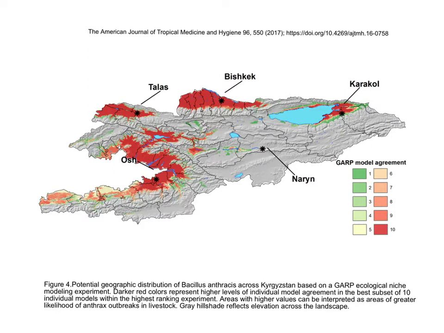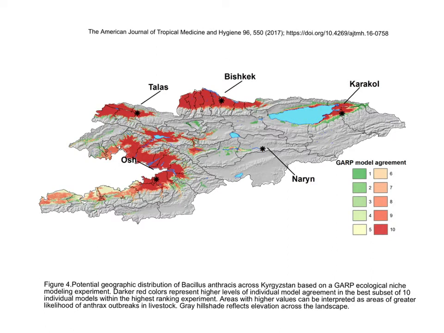However, in this map, I really want the reader to focus on these graduated colors here, where I have a continuous color ramp from green to red. The greater the intensity of the red, the greater the likelihood of the occurrence of anthrax, is what this map is telling us.